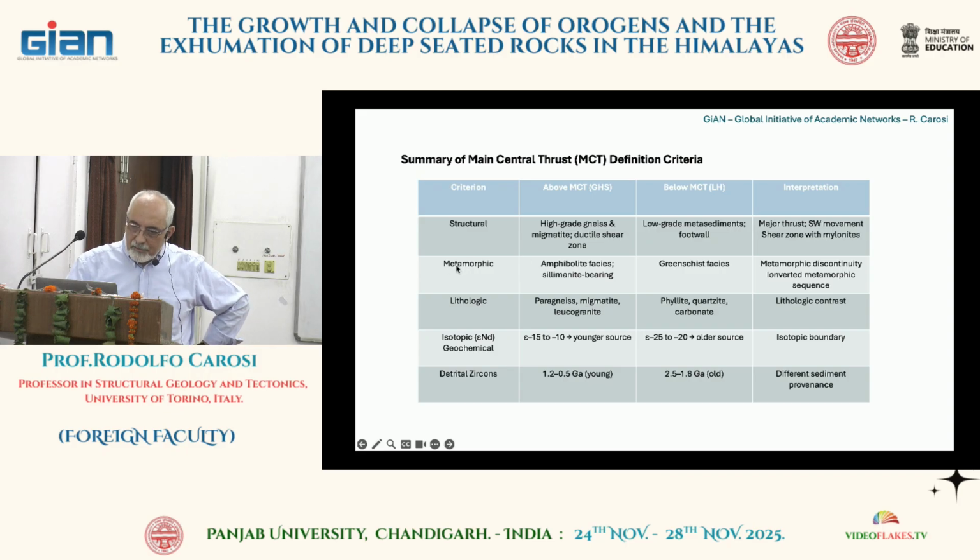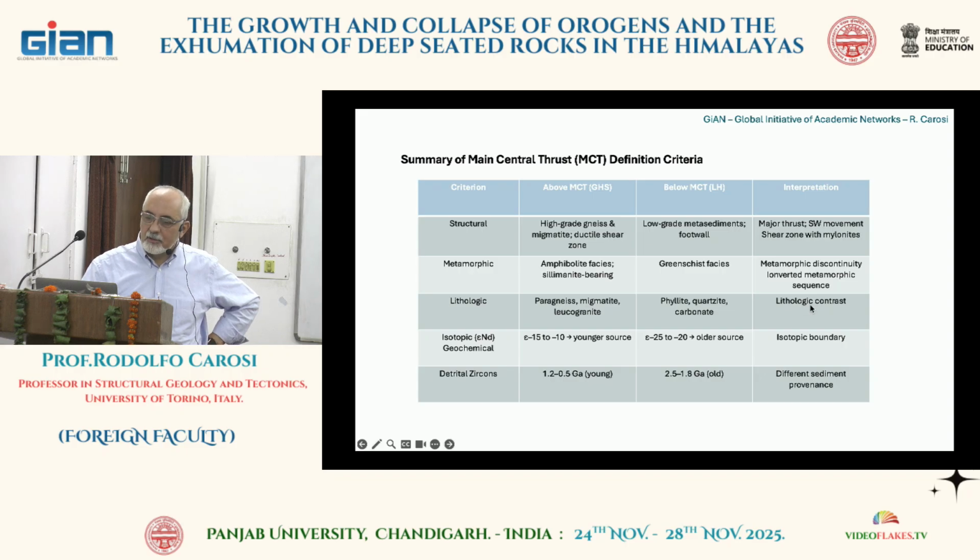There is also a metamorphic criteria. You have amphibolite facies metamorphism with sillimanite rocks above, and greenschist facies to the south below. So there is a metamorphic discontinuity with an inverted, sorry, there is an error here, inverted metamorphic sequence. There is a lithological criteria: gneiss, migmatite, and leucogranite above; phyllite, quartzite, and carbonate rocks below.